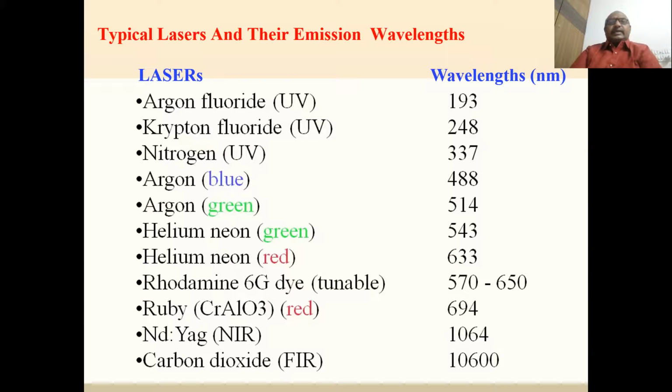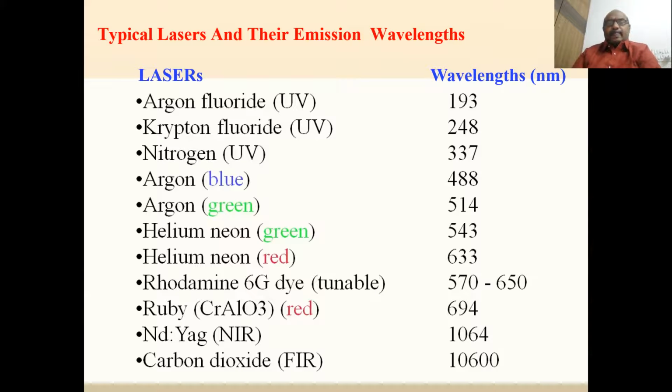Now the types of lasers and their emission wavelengths. The argon fluoride laser is 193 nanometers. Krypton fluoride is 248 nanometers. Nitrogen laser is 337 nanometers. The argon blue laser is 488 nanometers. The argon green laser is nearly 512 to 514 nanometers.